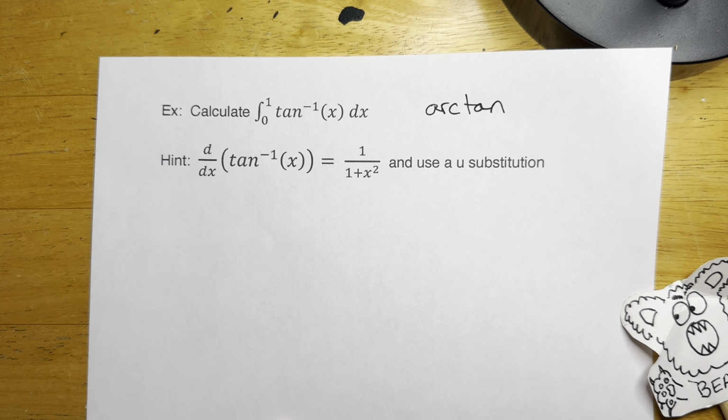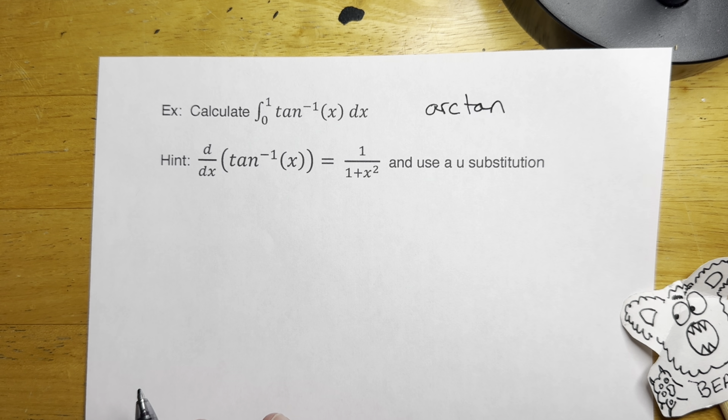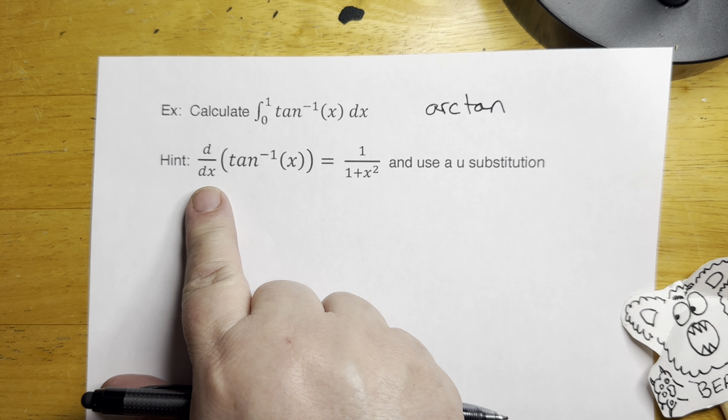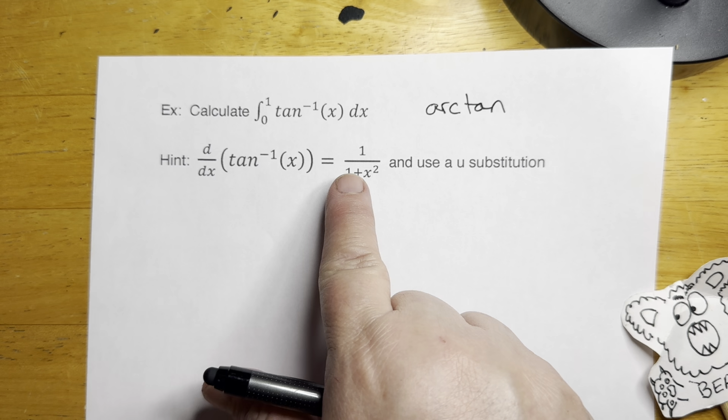That kind of looks like some of the stuff that was going on with the trig functions and triangles, squares of things, and that's exactly what's going on. So if you want to see what the heck is going on here, let me know. But for this problem, let us just take as given that the derivative of the arctangent is 1 over 1 plus x squared.